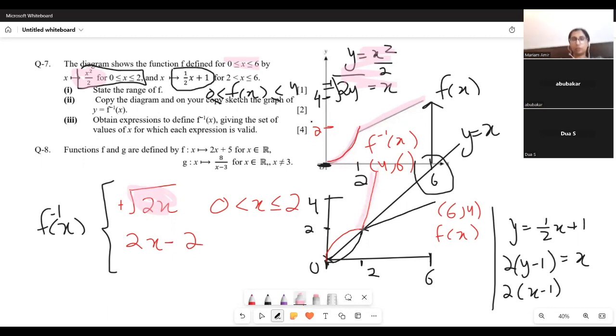Sorry, not this part. Look at the inverse function, its range. 2 till 4. Yes, it goes from 2 to 4.